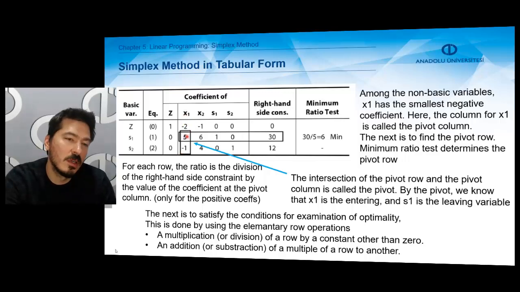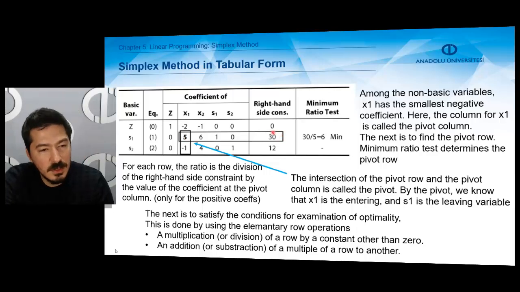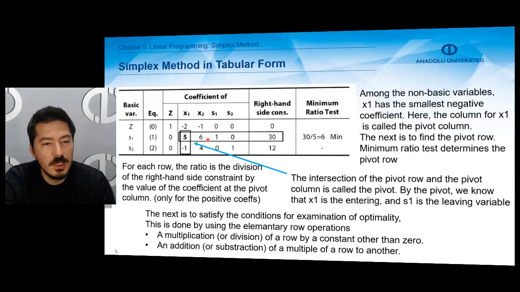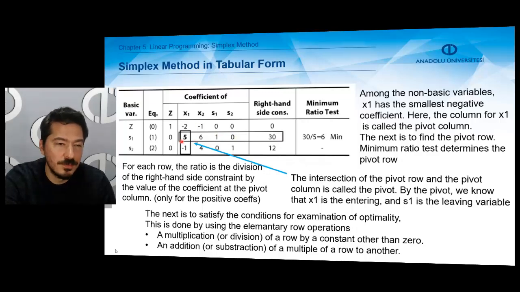So here we have only one coefficient that is positive, 5, and here is the division of 30 by 5, so it's 6, and this is the only ratio calculated for this table, so it's the minimum. That means the second row here is the pivot row. The intersection of the pivot row and the pivot column is called the pivot. By the pivot, we know that x1 is the entering and s1 is the leaving variable.